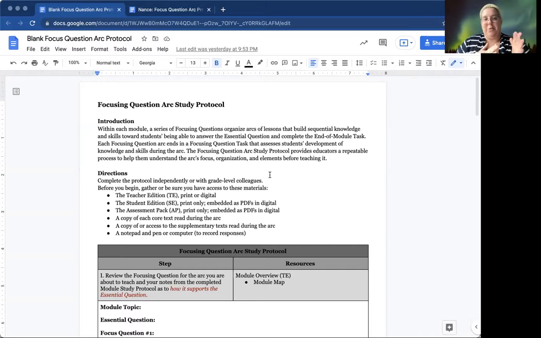As we were talking through all of the questions, we really were able to have some interesting and good discussions about oh, well, actually one of my kids is interested in this, or they'd be good for this. And it really helped him get a sense of what was upcoming, and helped him get excited about it and also prepared for it, and also figure out ways to make sure that his students were going to be the best prepared and the most engaged in all of the lessons within this focus question arc once he got to it.